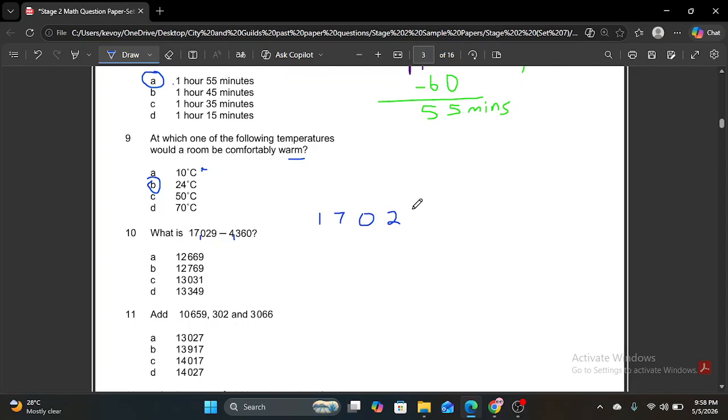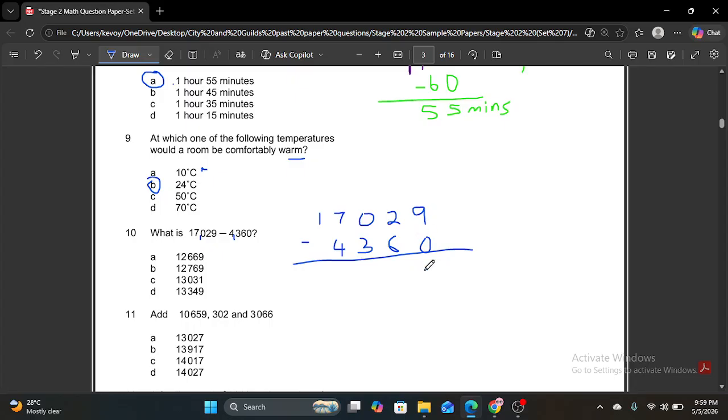I really like spacing out my digits when I'm subtracting. The reason is that you make fewer mistakes when you space your digits out properly. All right, so let's subtract.